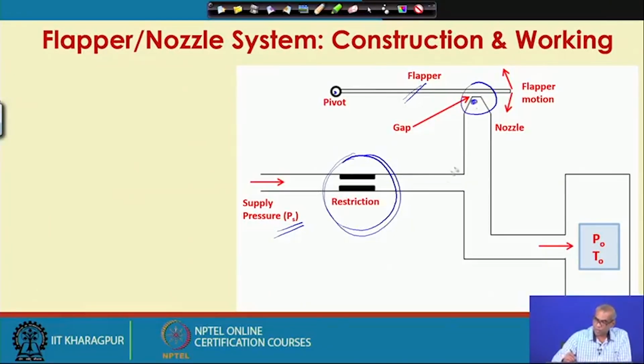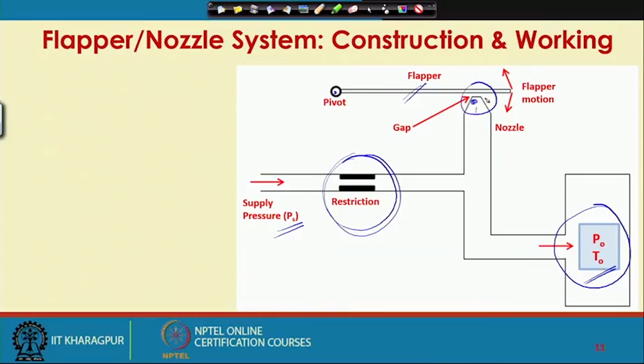It passes through the fixed flow restriction, and then depending on the gap between these two, there is another flow restriction. So, a back pressure will be developed, which depends on this gap between the flapper and nozzle. If I measure the output pressure here with an independent pressure gauge, this pressure will be a function of the gap between the flapper and nozzle. If the gap between the flapper and nozzle is reduced, there will be more back pressure, this pressure will increase.